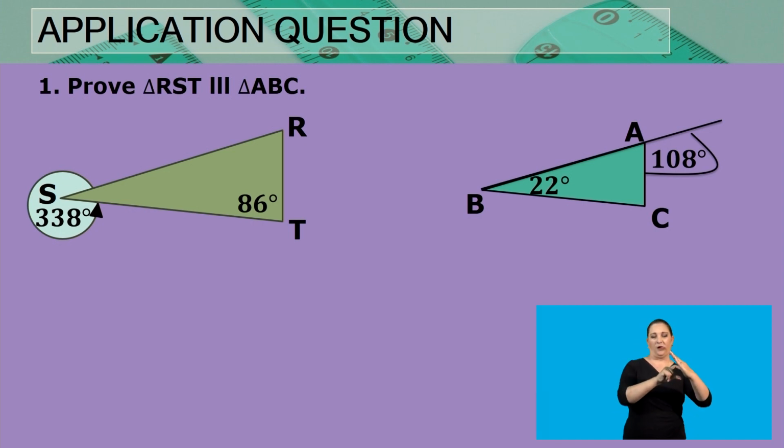So let's see how we can calculate that. We know that it's going to be 338 degrees plus that interior angle S, and that is going to be equal to 360 degrees, and the reason for that will be angles around a point, or we can say a revolution.